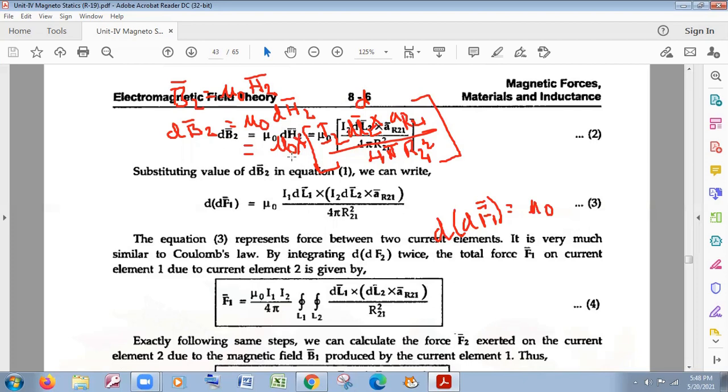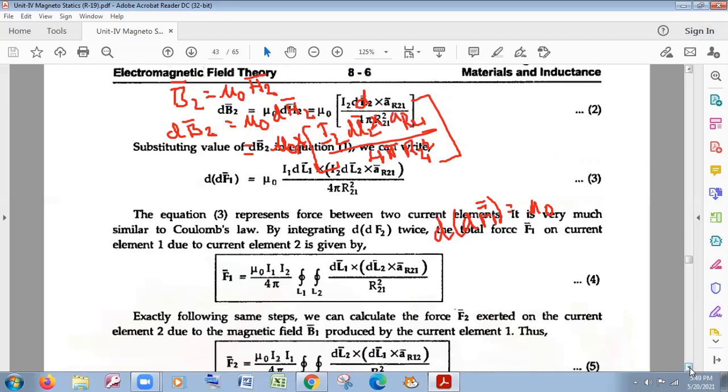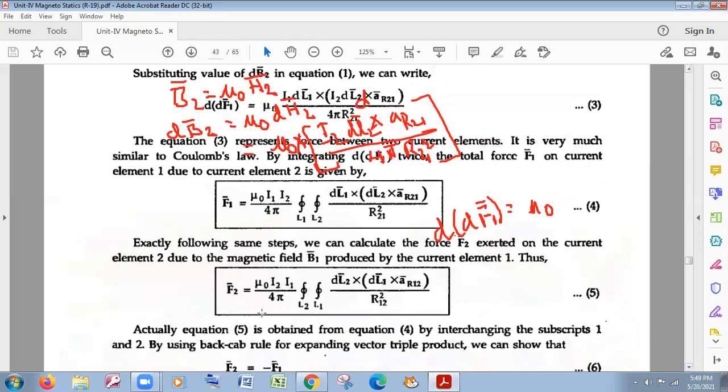Now there are two differential elements here, which means two integrals: one for dL1 bar and the other for dL2 bar, with respect to L1 and with respect to L2. The remaining is a constant, mu naught I1 I2 by 4 pi, times the integral over L1 and integral over L2 of dL1 bar cross dL2 bar cross aR21 by R square. That is from 2 to 1.